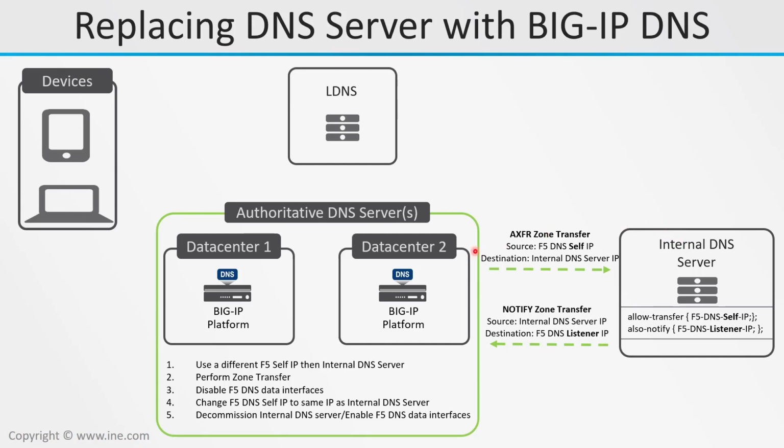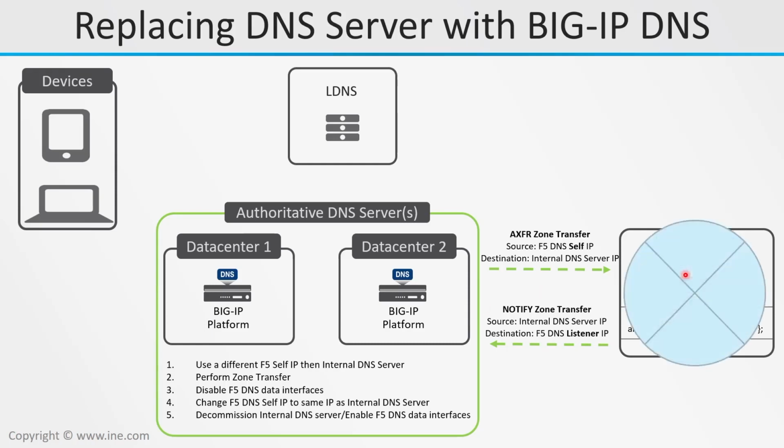You disable, you change it to the IP address of the internal server before you flip on the interfaces of the Big IP DNS system. You will decommission the old, well, now the old DNS server, unrack it or whatever you need to do, and enable the DNS interfaces. So it's kind of a two-step quick effort there at the end.